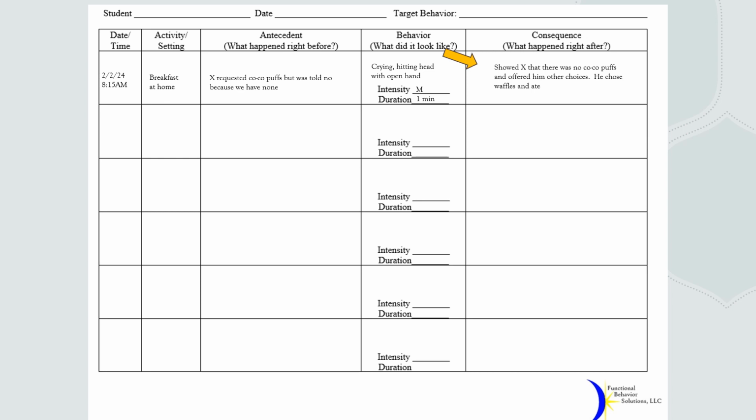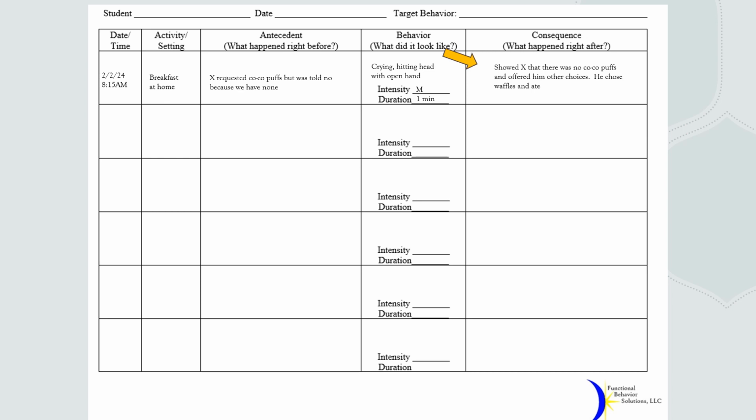This is how kiddos are getting their needs met. Even maladaptive behaviors that we don't want to see are communicating something. It's getting a need met. So we need to understand what need they are meeting with this behavior. That helps us understand what an appropriate replacement behavior would be.